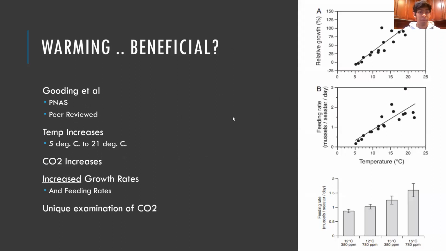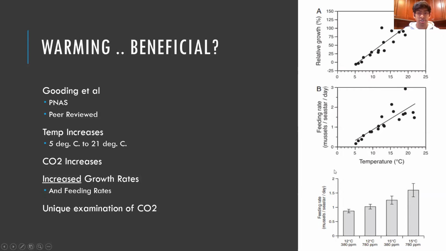The Gooding et al. paper, published in the Proceedings of the National Academy of Sciences, which is a peer-reviewed paper, found that temperature increases have a linear correlation with increasing both relative growth rates and feeding rates. This was done in a lab. They also found that CO2 increases also increase the growth rate.